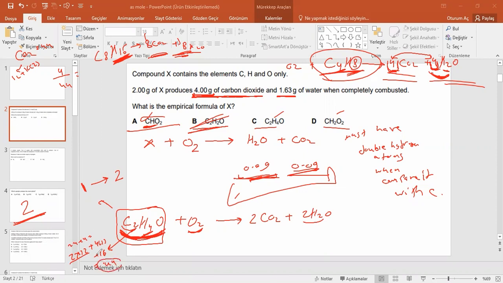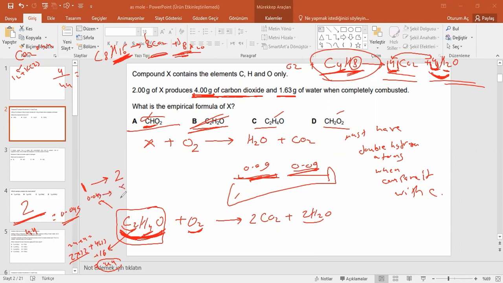So this is the molar mass, 2 grams over 44. So 2 over 44 will be 0.045.